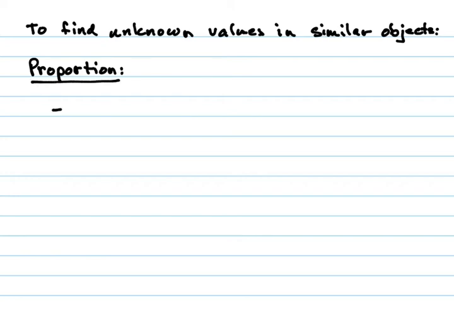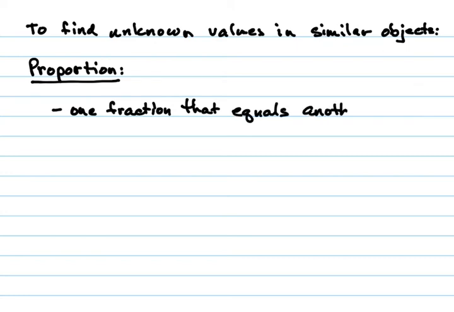A proportion is simply one fraction that equals another fraction. And we've already demonstrated that when objects are similar, the ratio of their lengths is equal. So the ratio of the long length came out to be 2 in the last one, and the ratio of the small lengths also came out to be 2.